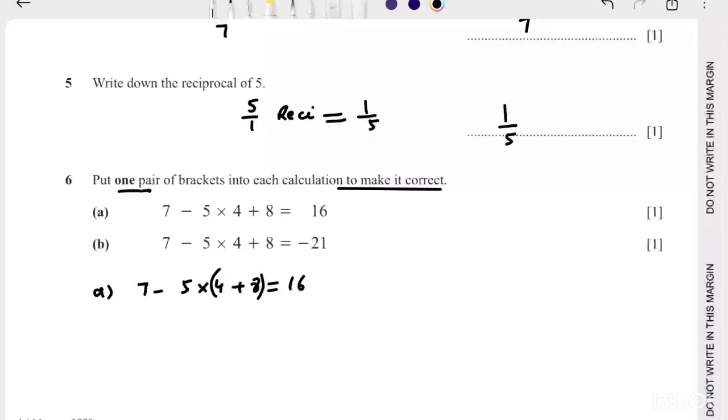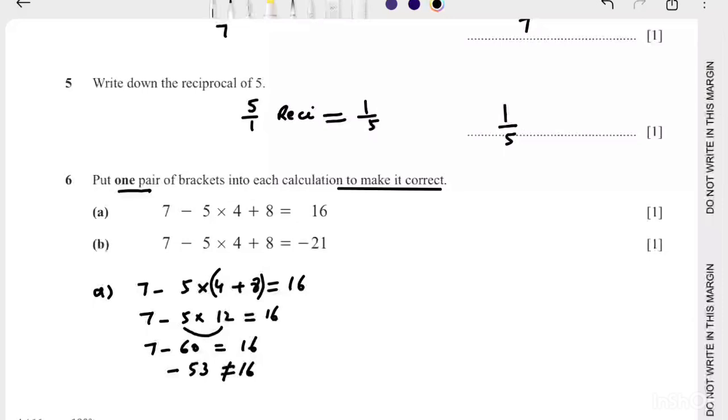So this becomes 7 minus 5 into 4 plus 8, which is 12, is equal to 16. Now we have to apply the BODMAS rule. So 5 times 12 is equal to 60. So 7 minus 60 is equal to 16. So this becomes minus 53, which is not equal to 16. It means that the bracket cannot be placed over here.